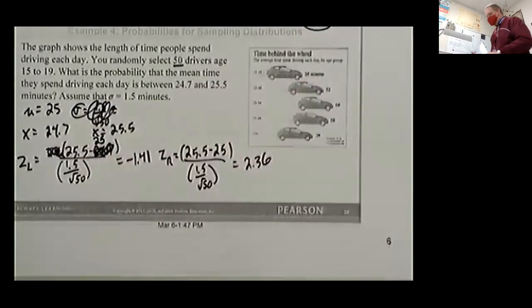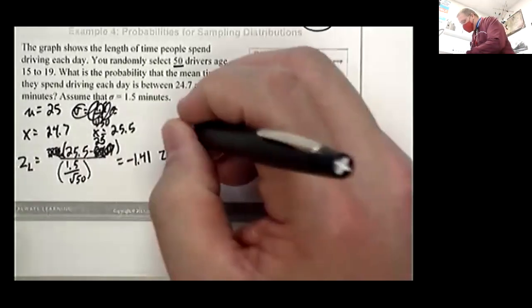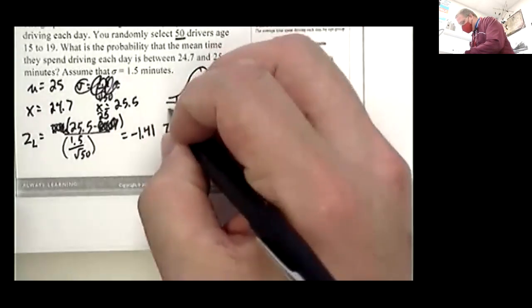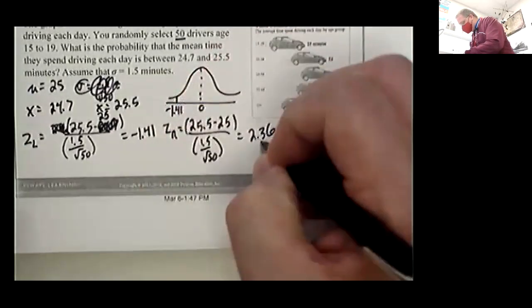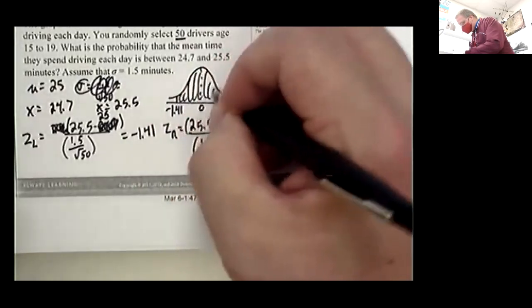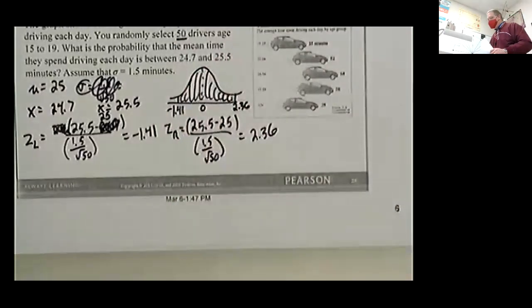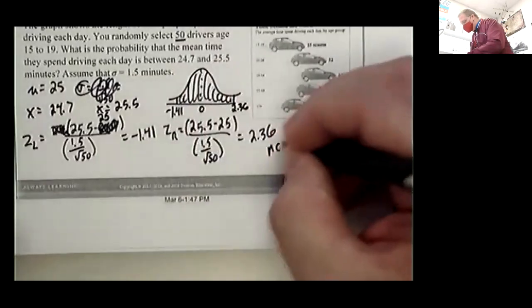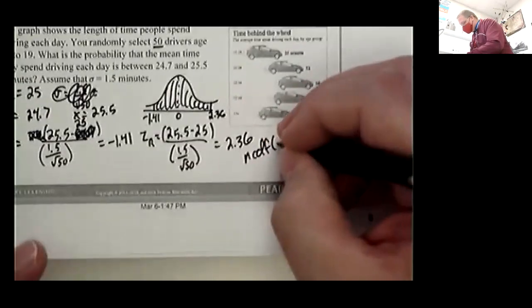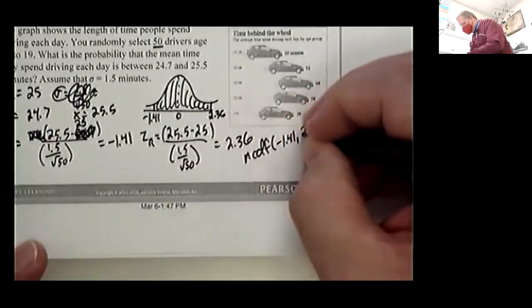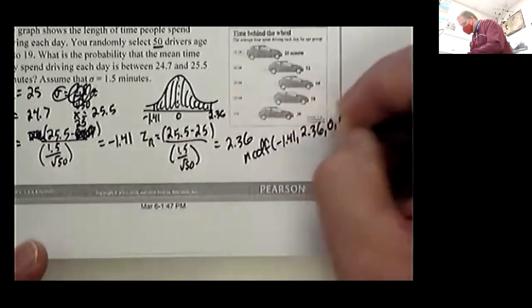Okay. So we're back to standard normal distribution because we got z-scores. So our mean of 0 is in the middle. We have a negative 1.41 to the left and a 2.36 way over here to the right. So we want to find the area between. So we're back to normal cumulative distribution function from negative 1.41 to 2.36 for 0 and 1.